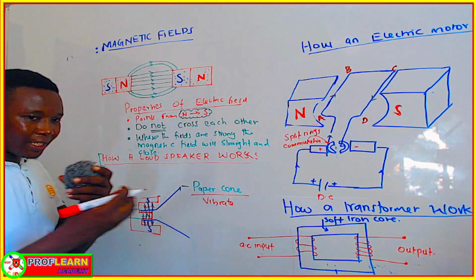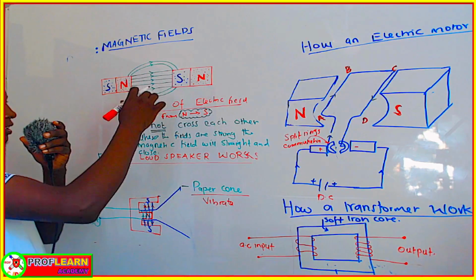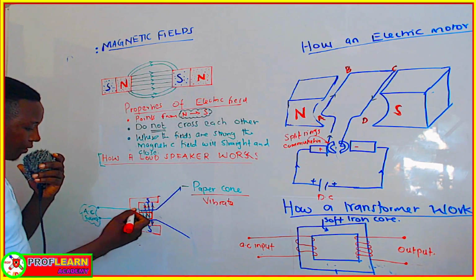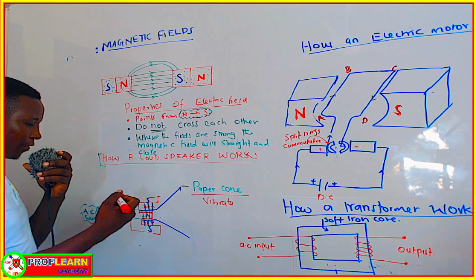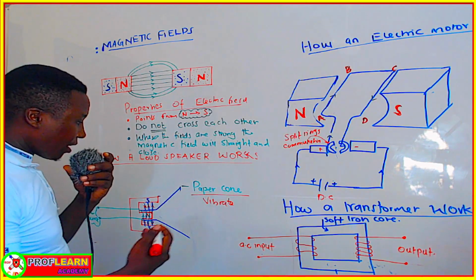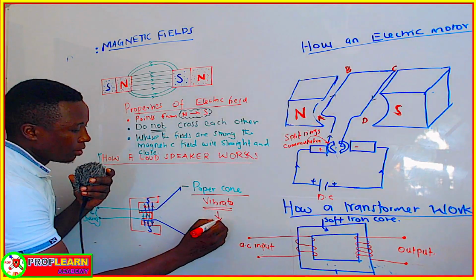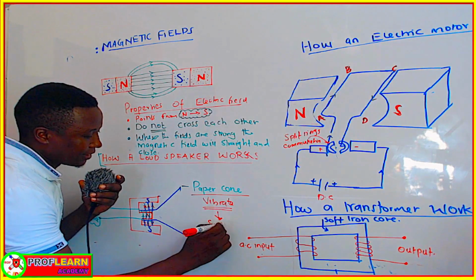Imagine you bring two magnets close to each other, there is a force. Exactly that happens when the magnetic fields of the permanent magnet and the magnetic field due to the flow of current interact, resulting in a force. This force will make the paper cone vibrate, which results in the production of sound.